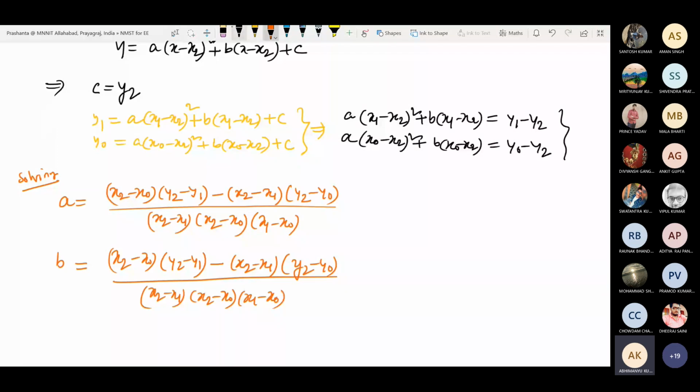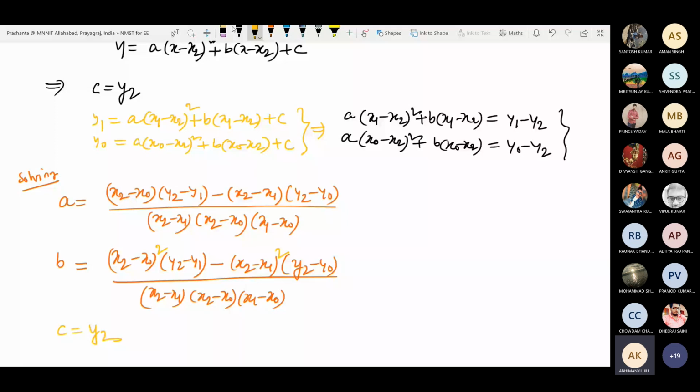It will be a square there and a square there. So that is the value of A and B, and C equals y2. Once you have the values of A, B and C, you will have the parabola.